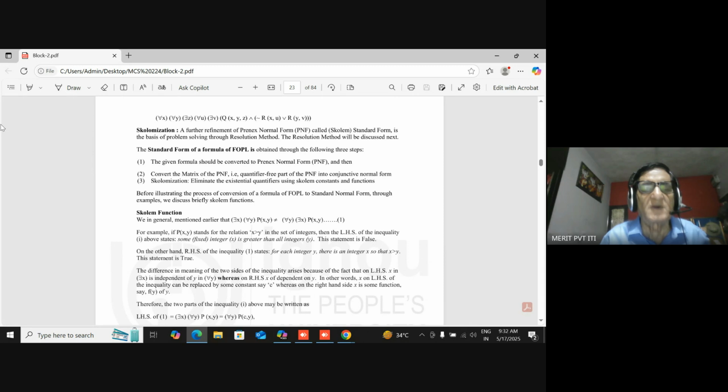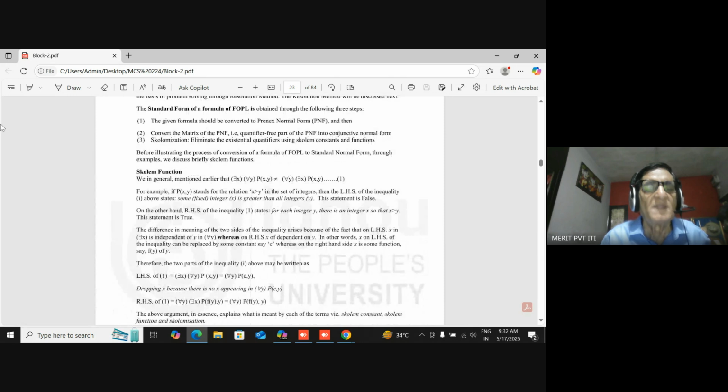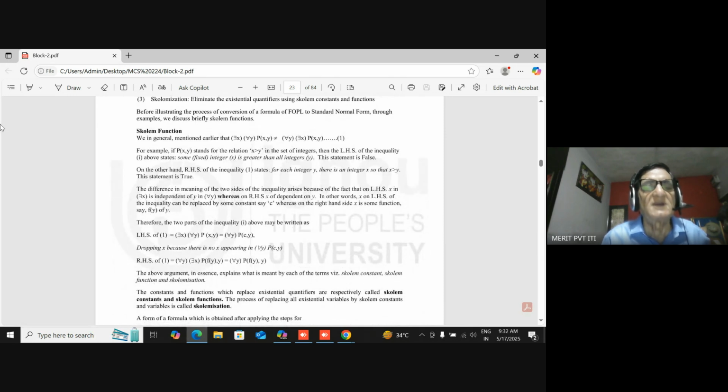Before illustrating the process of conversion of a formula of FOL to standard normal form through an example, we discuss briefly the Skolem function. What is it? We in general mentioned earlier that only x all y P(x,y) is not the same as all y only x P(x,y). For example, P(x,y) stands for the relation x is greater than y in the set of integers. The left hand side states that some fixed integer x is greater than all integers y.